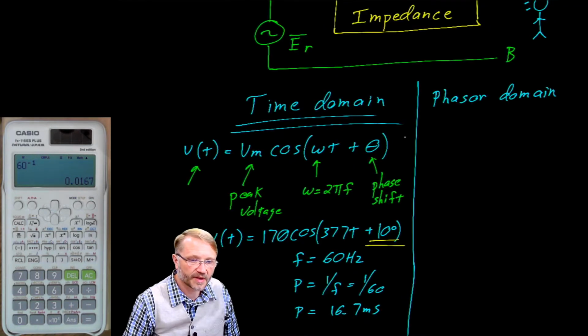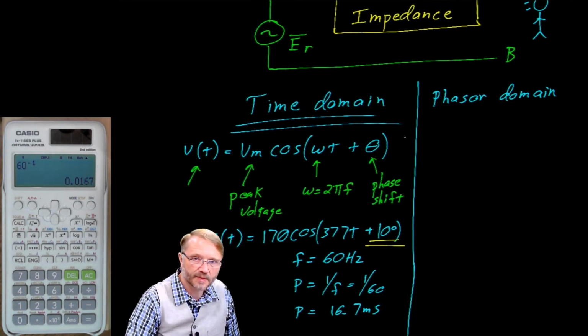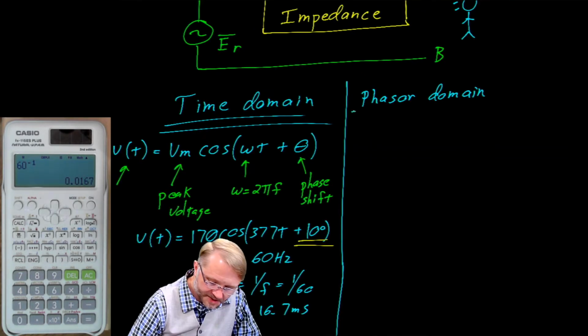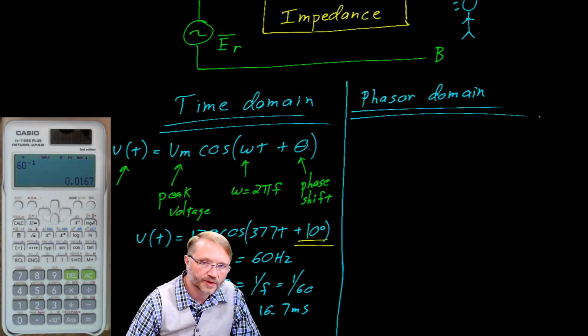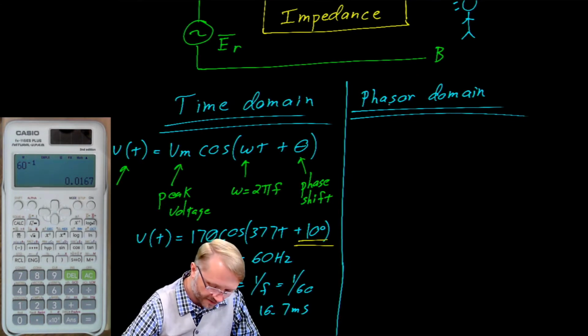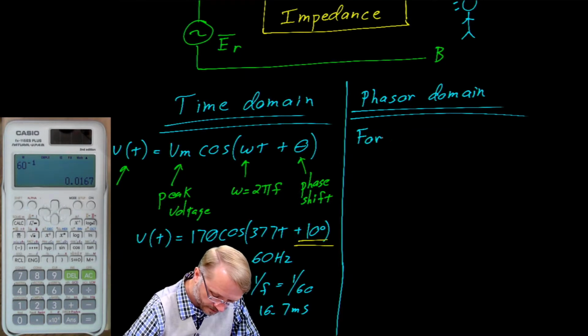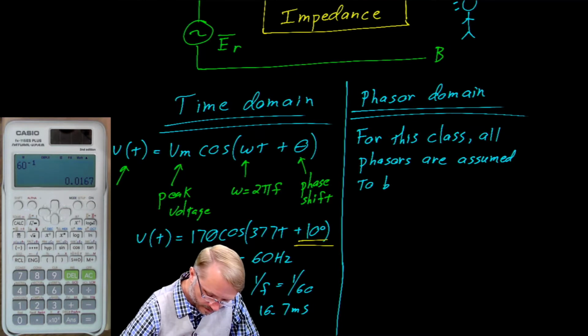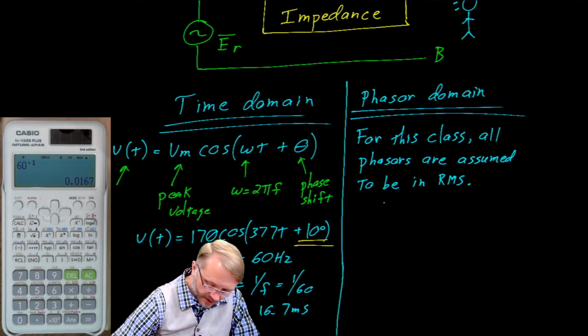Now we can come up here and we can convert from the time domain to the phasor domain. We'll start our discussion of phasor domain with a rule, and that rule is simply this. All voltages and currents are in RMS form. We have a simple equation for this.